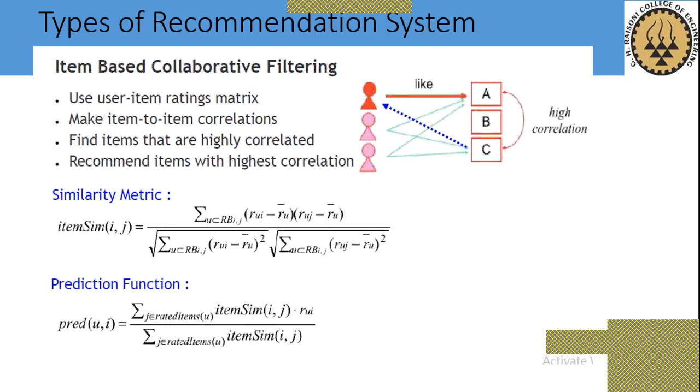So these are the two types of recommendation systems: item-based collaborative filtering and user-based collaborative filtering.